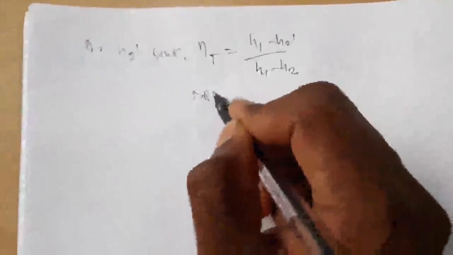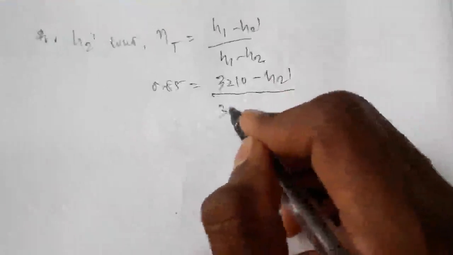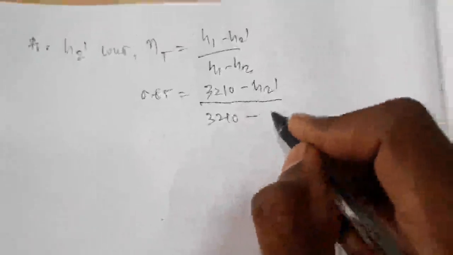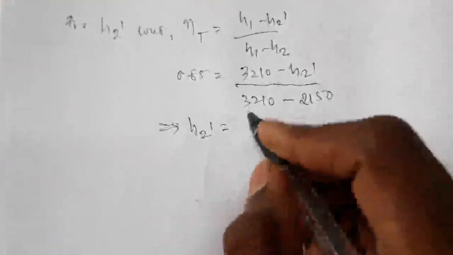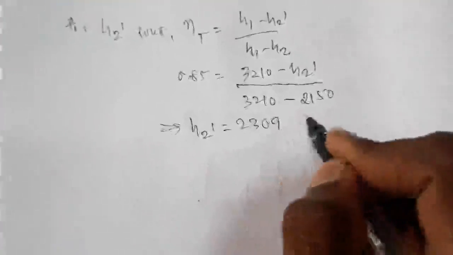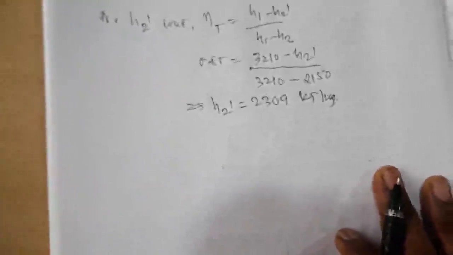So 0.85 is equal to 3210 minus H2 dash divided by 3210 minus 2150. This gives me H2 dash equal to 2309 kilojoule per kg. So now I got H2 dash.